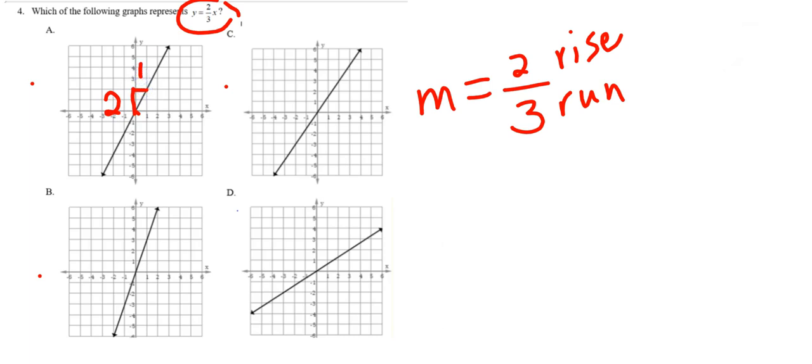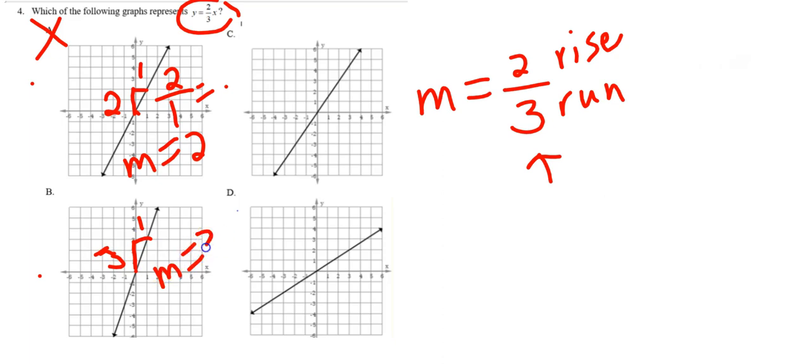So the slope for that would be 2/1, which would be m equals 2. Okay, that's not that. So that one doesn't work. For B, we're going to go up 3, go over 1, 3/1. So our slope is equal to 3. And that's not what we're being asked to find.